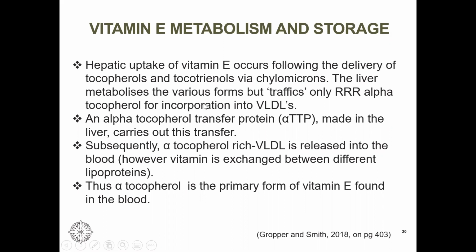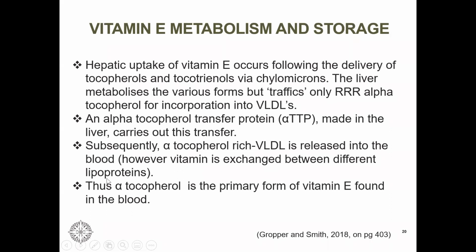So now all this vitamin E may lead to the liver, and the liver actually is biased towards alpha tocopherol. That's why I said our body loves it. And there is a special transporter protein to carry this particular form, alpha tocopherol.